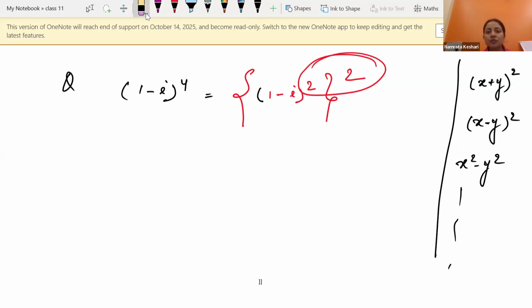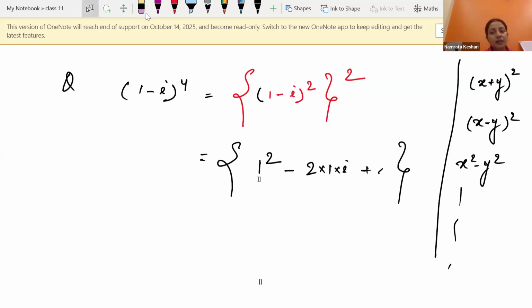Now what we will do, we will expand the inside part, the curly bracket. When we expand by using that algebraic formula, x square minus 2xy, 2 into x into y, plus y square, and their square we are having. Just now I was telling you, if you have attended the first class, you know i is under root minus 1, and much more important than this result is i square equals minus 1.